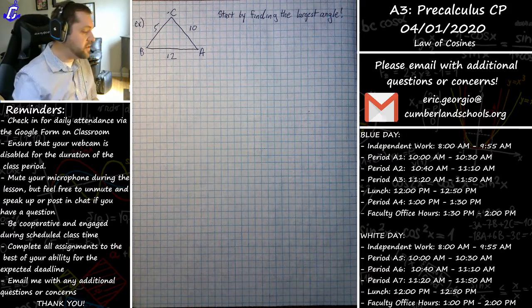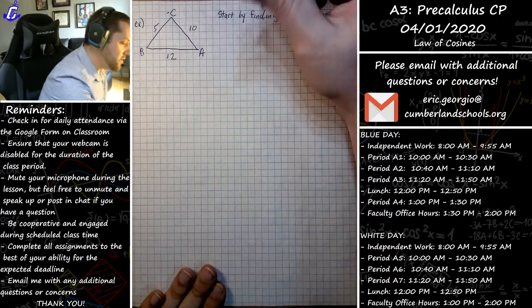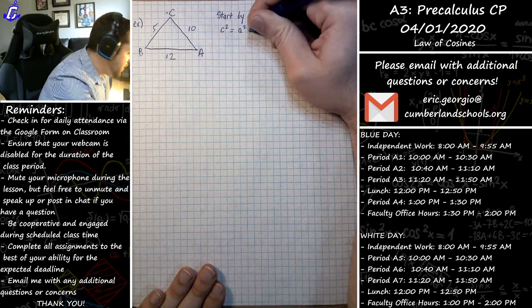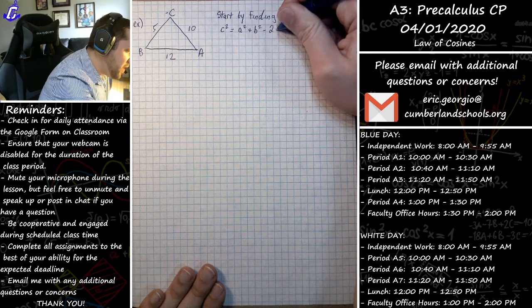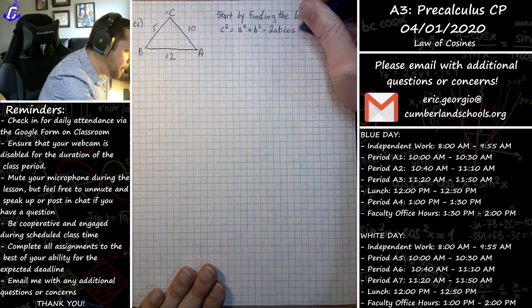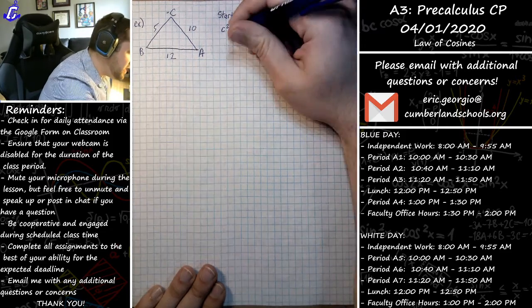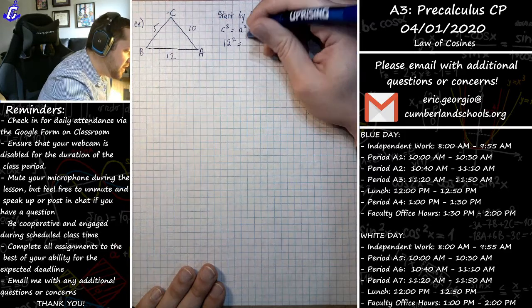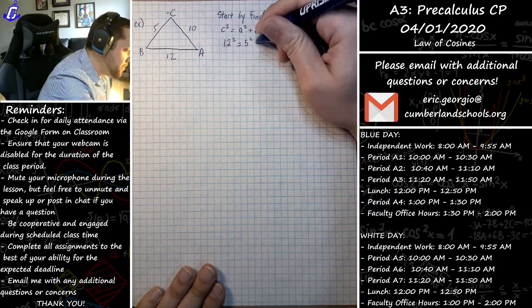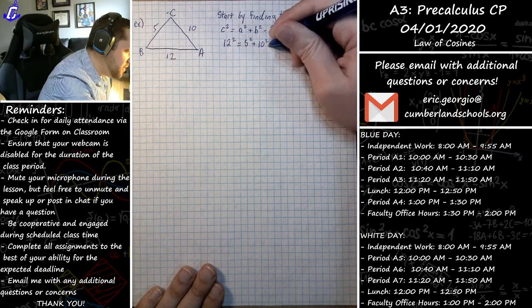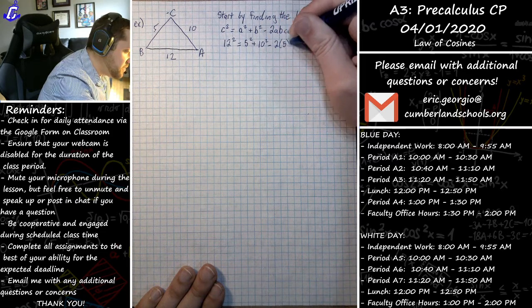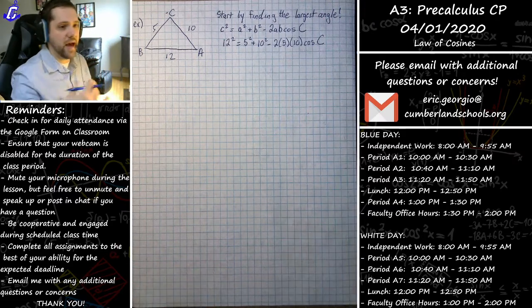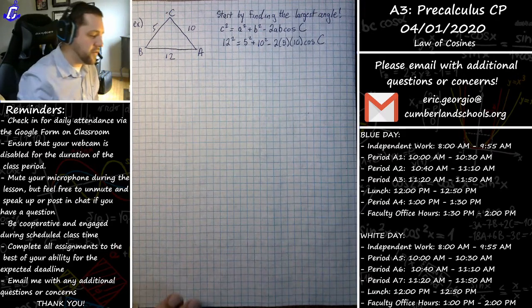Okay, so let's do that by solving for angle C. You can use our law of cosines by saying C squared equals A squared plus B squared minus 2AB cosine C. Right, let's now just fill in that information. 12 squared should equal, that's C, A squared is 5 squared plus B squared, 10 squared, minus 2 times 5 times 10 times cosine of C. And I don't know what C is, so we're going to have to isolate that and take the cosine inverse of both sides.